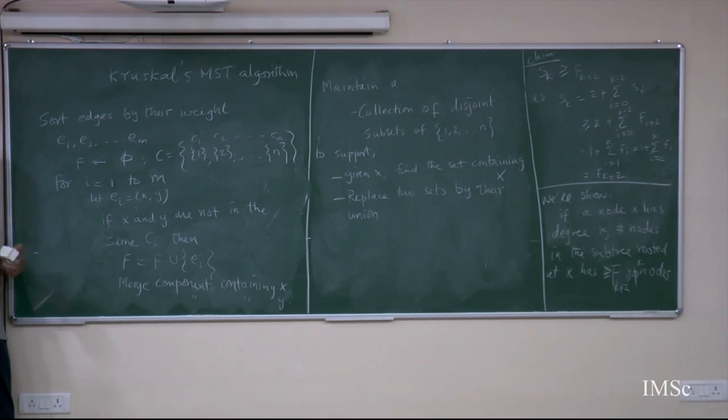Every time you do a union, you collect an edge, and finally you are computing a spanning tree, assuming the graph is connected. So it will do n minus 1 union operations, and how many times is it going to ask the same-set query, whether these two elements are in the same set? For every edge.